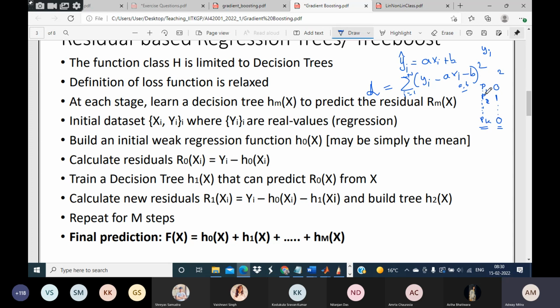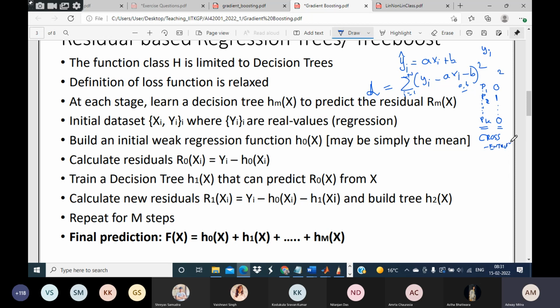Entropy is defined for one single probability distribution. That's what we deal with in case of decision trees. But here we are comparing two distributions. One is the predicted distribution over class labels, the other is the actual distribution of the class labels. These two can be compared using what is known as cross entropy.